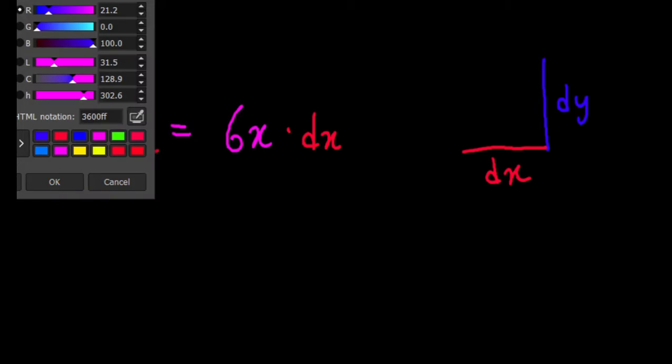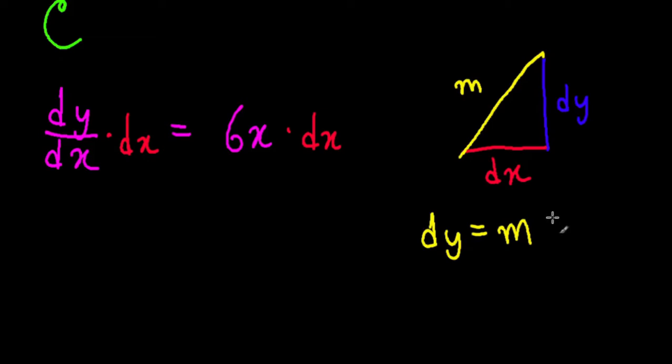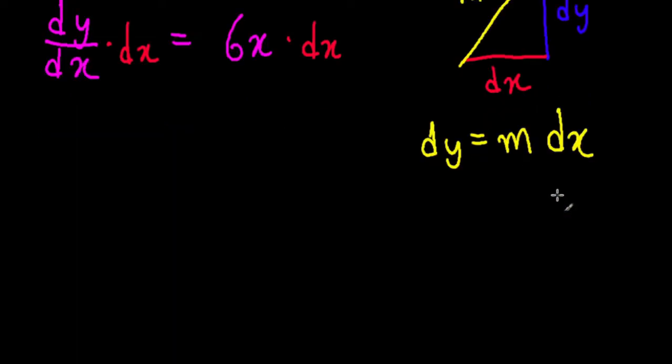So this segment of the tangent to the graph is going to have a certain slope, call that m. So what is dy? dy has to be equal to the slope multiplied by dx. By definition, m is your rise divided by your run, and if you multiply that by your run, you should get your rise.